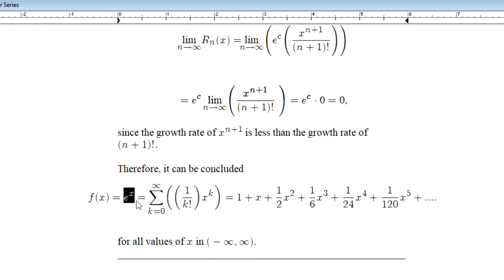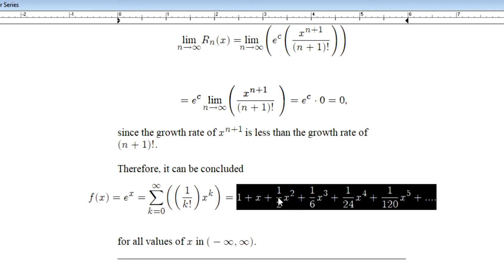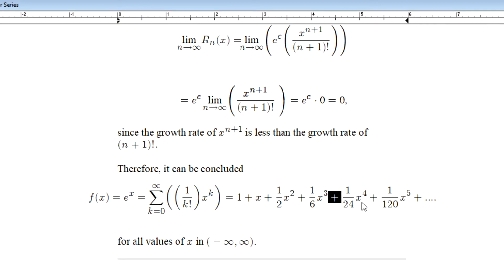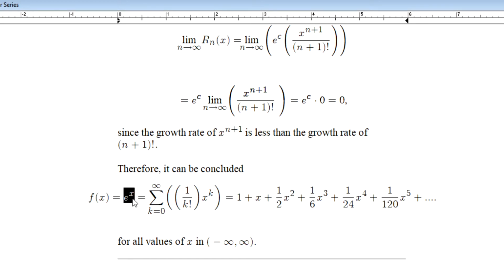So in a sense, e to the x must be equal to this infinitely long polynomial for every single possible value of x. And folks, this is what your calculator relies upon when you ask it to calculate different values of powers of e.